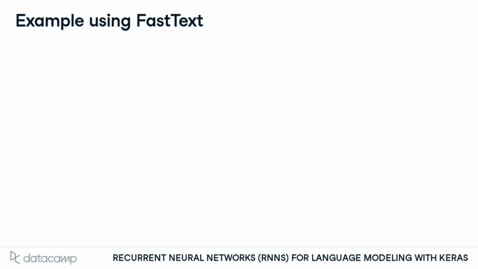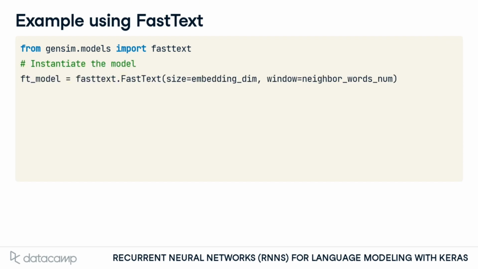Same as Word2Vec, FastText is also implemented in Gensim and does share many attributes and methods. We first import the class FastText from Gensim. Then, to train a model, we have 3 steps. First, we instantiate the model with basic parameters like the size of the embedding vector and the window containing the number of neighbor words to use as context.